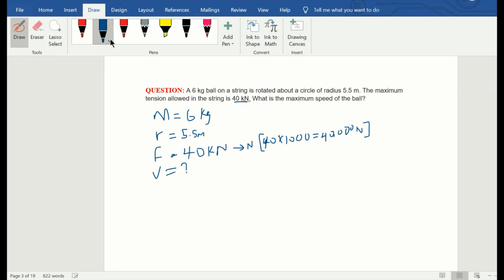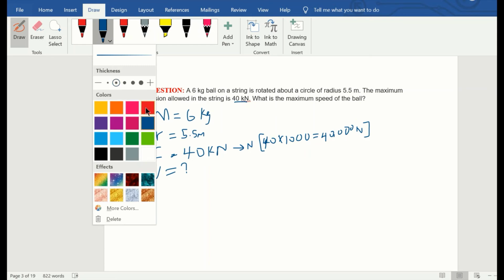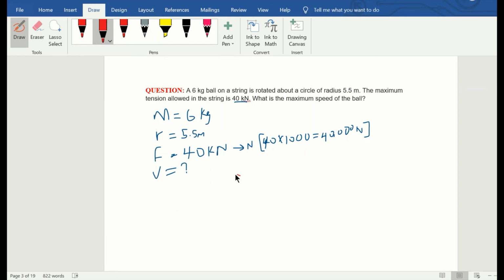Now, to solve this question, I have to use the formula which says that the centripetal force, F subscript C, is equal to the mass times V squared over R. Remember, we are asked to find the maximum speed.